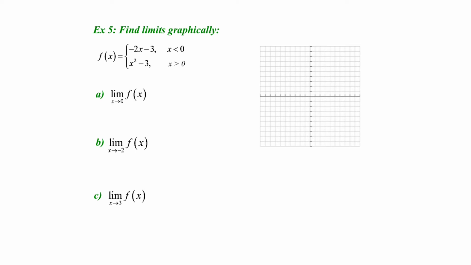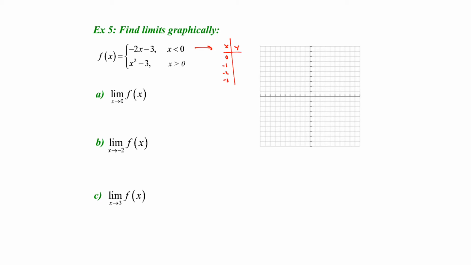So -2x minus 3, we're only graphing values that are less than 0. So if you want, you can do a t-chart and only choose values that are less than 0, but you can also choose values that equal 0, because that's going to be an open circle. So we want to make sure we get that starting value. So if x is 0, we get -3.